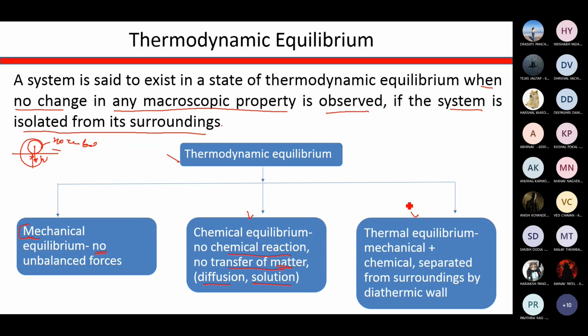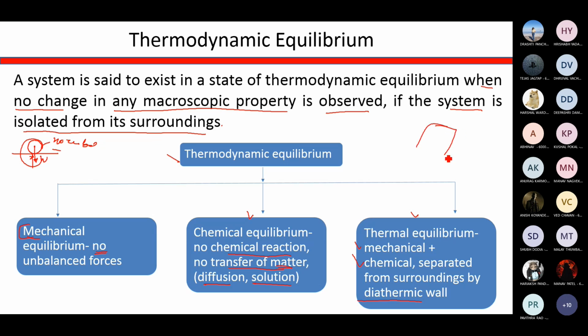What we mean by thermal equilibrium is that initially your system is in mechanical equilibrium, plus it has also attained chemical equilibrium. Such a system, which is in both mechanical and chemical equilibrium, you have to take and separate from the surroundings by a diathermic wall.